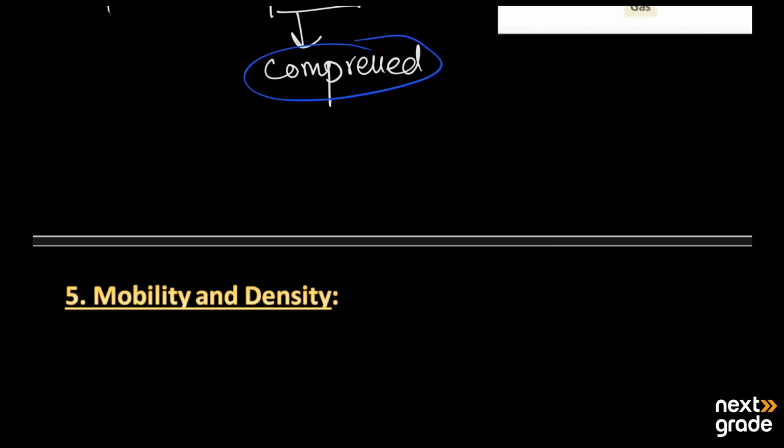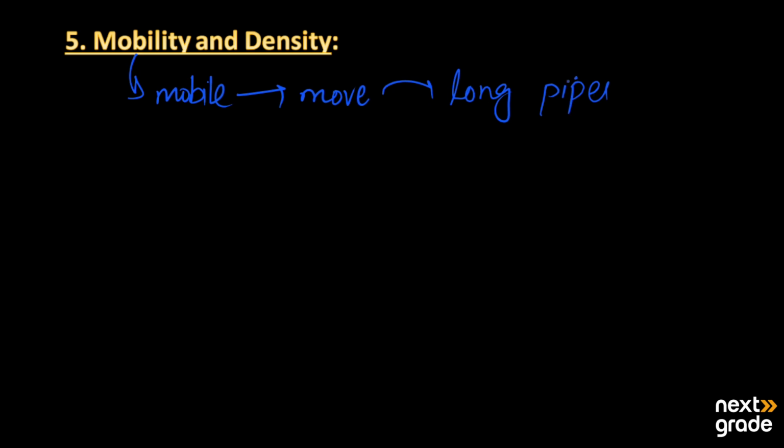Next we have mobility and density. Mobility: gases are highly mobile. Now, what do we mean by mobile? They can move in long pipes from one part of the country to the other, or from one city to another city, because they are highly mobile.